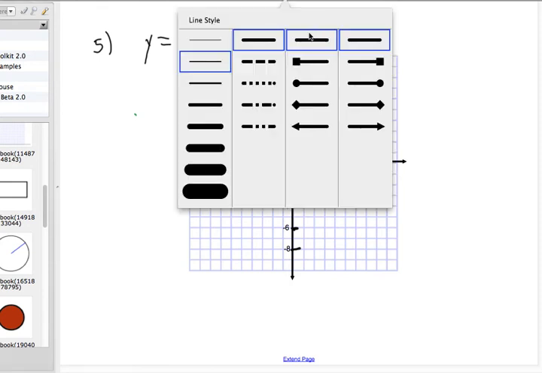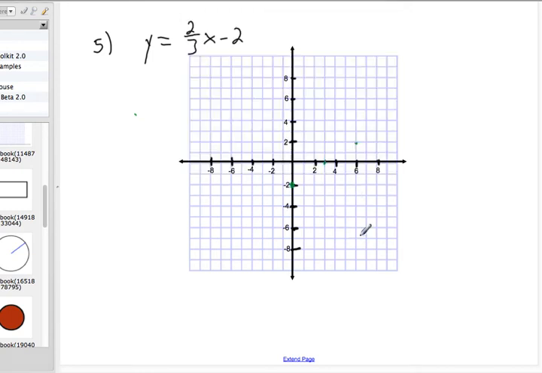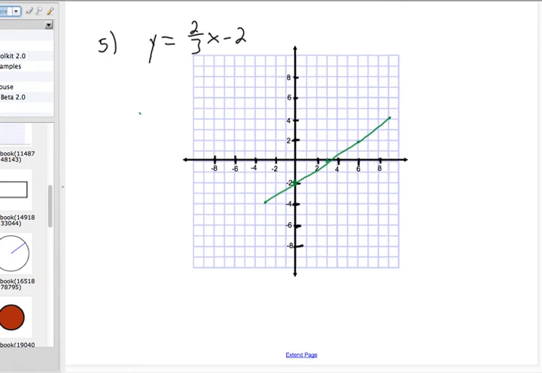So let's see, it's going to be one of these lines. There we go, something like that. Let's go on to the next one.